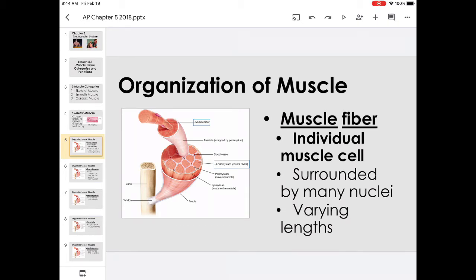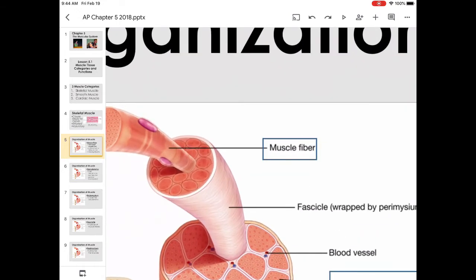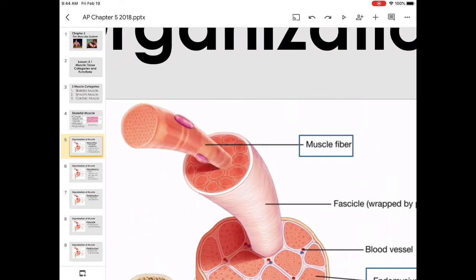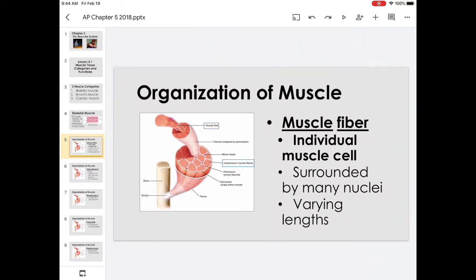But basically, your muscle fiber, as you can tell in the picture, is going to be an individual muscle cell. So your muscles are made up of all these muscle fibers, which are these individual muscle cells. They do have a ton of nuclei. You can kind of tell here.